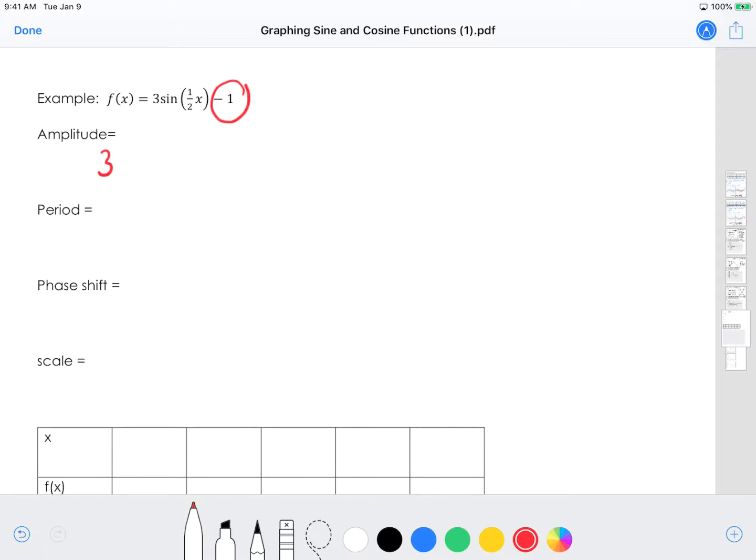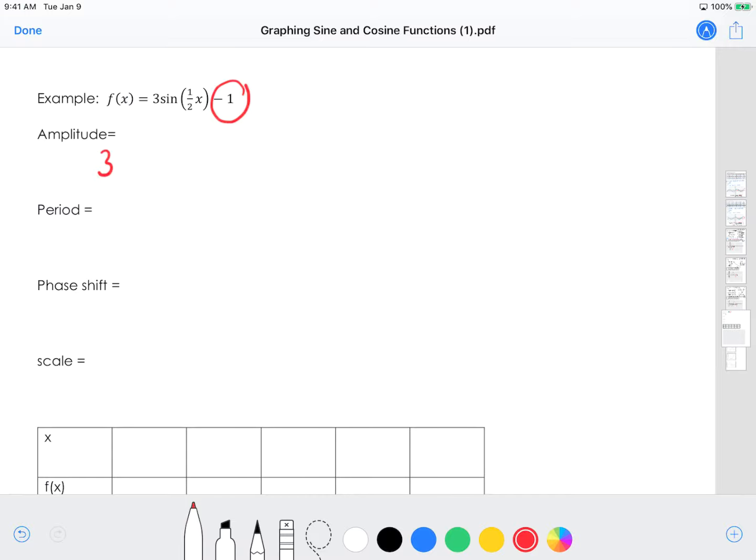Notice there's no negative in front, so we don't have to do a reflection over the x-axis and flip it upside down like we did in the previous example. Just remember, if you see a negative in front, everything gets flipped upside down and maxes become mins and mins become maxes. But we do have a shift down. So we have to remember to do that in the end.